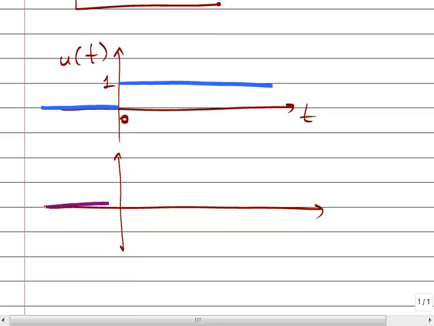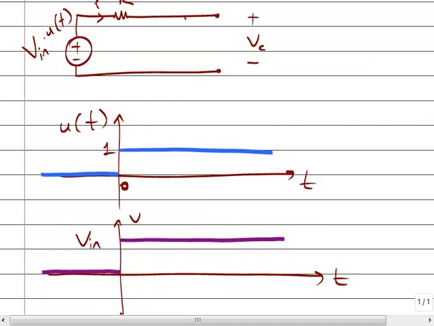Before 0, it's 0, and after 0, it's V in. Its value is V in. Okay, this is in terms of volts. This is time.